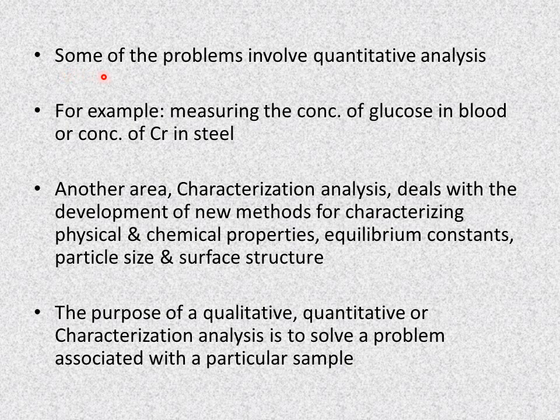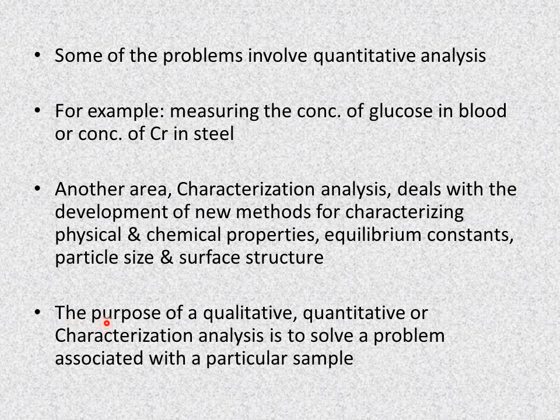While some other problems may involve quantitative analysis as well. For example, measuring the concentration of glucose in the blood, or measuring the concentration of chromium in steel. So these are examples of quantitative analysis. Another area is characterization analysis, and it deals with the development of new methods for characterizing physical and chemical properties, equilibrium constants, particle size, and surface structures.